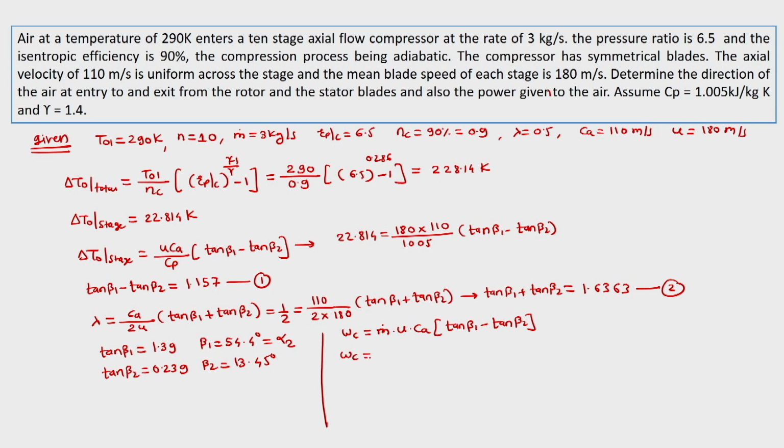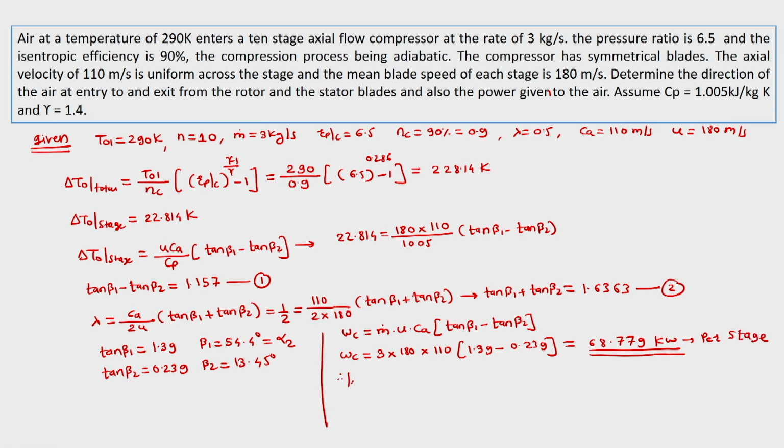We can put everything. So m dot is 3, U is 180, Ca is 110, tan beta 1 is 1.39, tan beta 2 is 0.239, and this gives us compressor work as 68.779 kilowatt, and this is obtained from the velocity triangle. This is for one stage of the compressor.